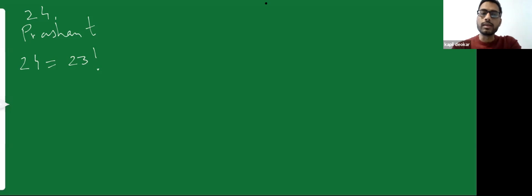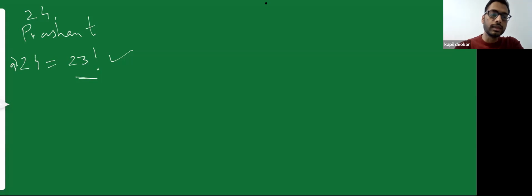Let us consider this is case A. So whoever gave the 23 factorial answer, their answer is right. If you are thinking that there are 24 people including Prashant, then 24 people can be arranged around a round table in 24 minus 1, that is 23 factorial ways.